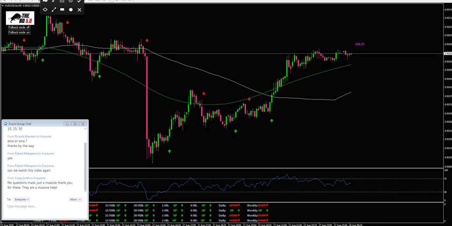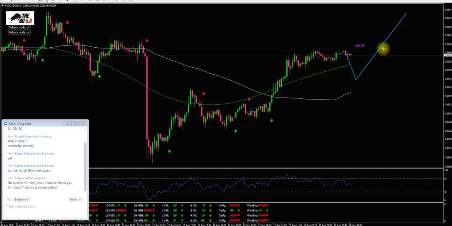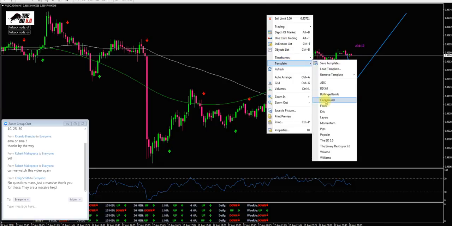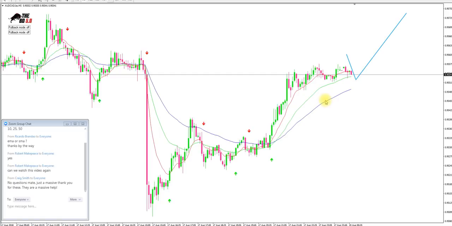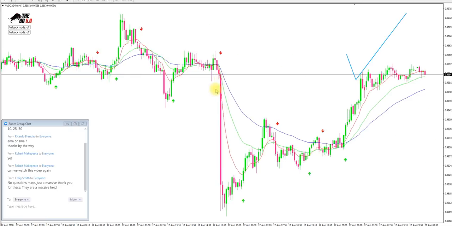We wait for the price to pull down to this area, signal arrow, take the trade up. Pretty simple, right? If you can trade this, you've mastered the markets. Look, we're pulling down now. This is where you be patient and wait for a setup to appear.